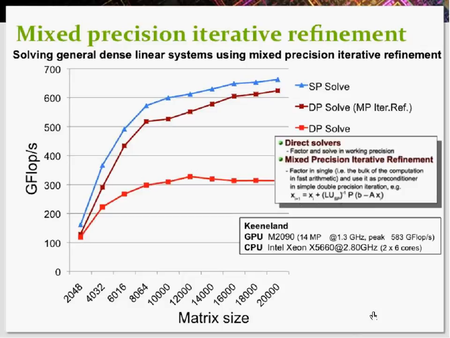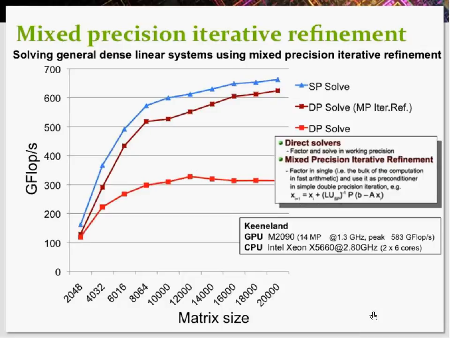So what we do is we use refinement codes that run this simple iterative operation: find the solution x(i+1) as the old one plus the residual times some kind of preconditioner. In this case, we take the preconditioner based on LU factorization in single precision.